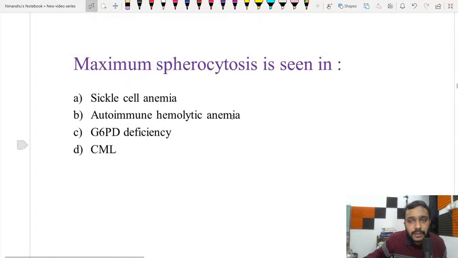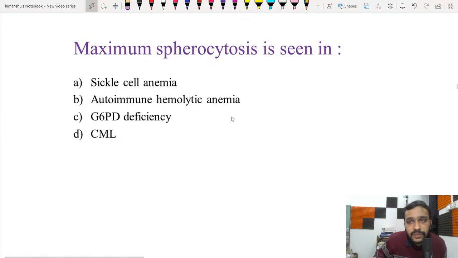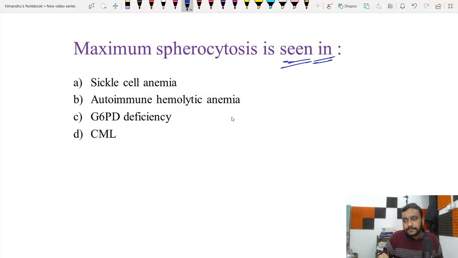So coming to the next question, maximum spherocytosis is seen in... What is the most common cause of spherocytosis?